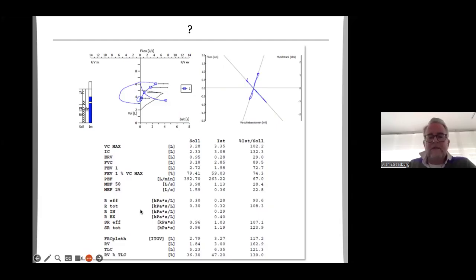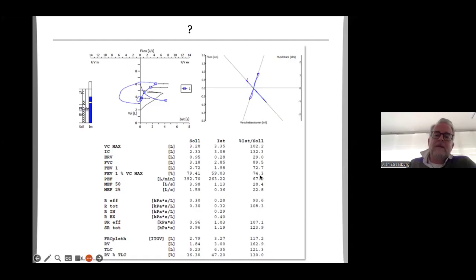We don't know yet. We need to talk to the patient or perform a bronchospasmolysis test, which we didn't in this case. But we can say that it is an obstructive ventilation disorder with an FEV1 of 72% of the normal, which is a mild obstructive disorder.